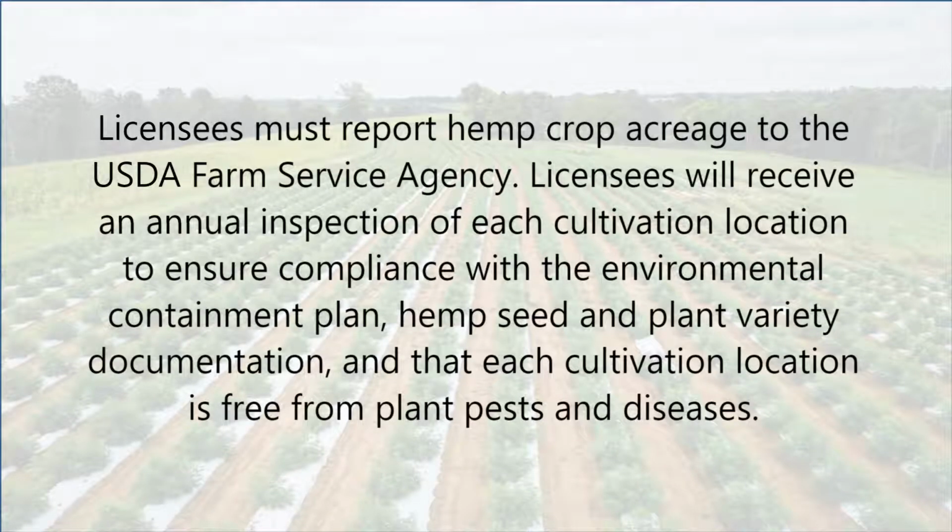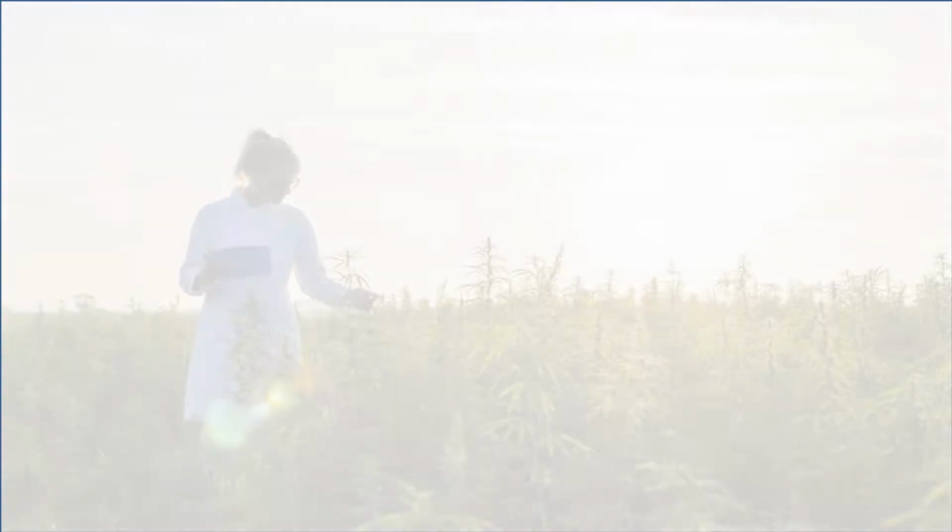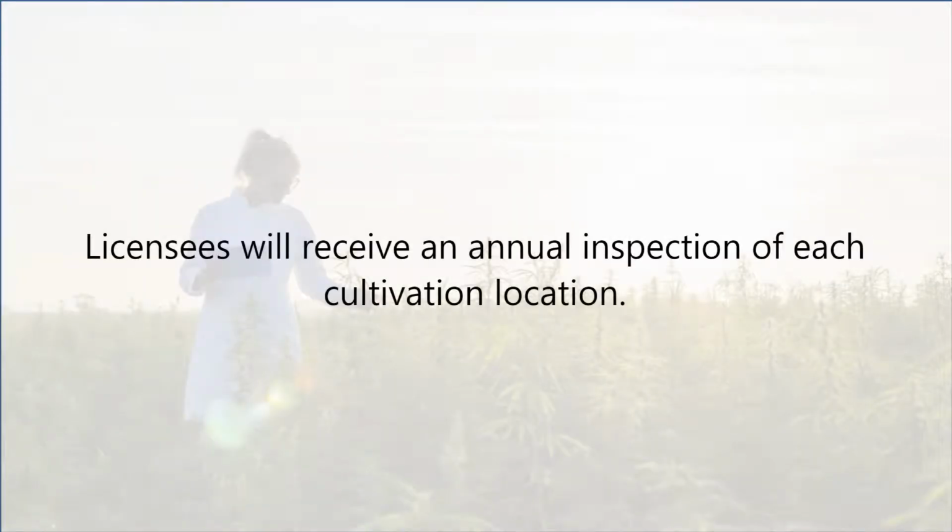Licensees must maintain documentation of a hemp seed and plant varieties used for cultivation for at least 3 years after the date of harvest. Licensees must report hemp crop acreage to the USDA Farm Service Agency. Licensees will receive an annual inspection of each cultivation location to ensure compliance with the Environmental Containment Plan, hemp seed and plant variety documentation, and that each cultivation location is free from plant pests and diseases.